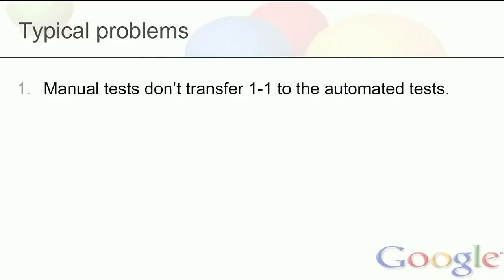Some of the typical problems discussed were that when we are dealing with manual tests written by legacy manual QA testers and we are trying to automate them, there is not a one-to-one correlation between a manual test and how you can automate it. So manual test documentation does not serve as documentation for what has been covered in the automated tests.